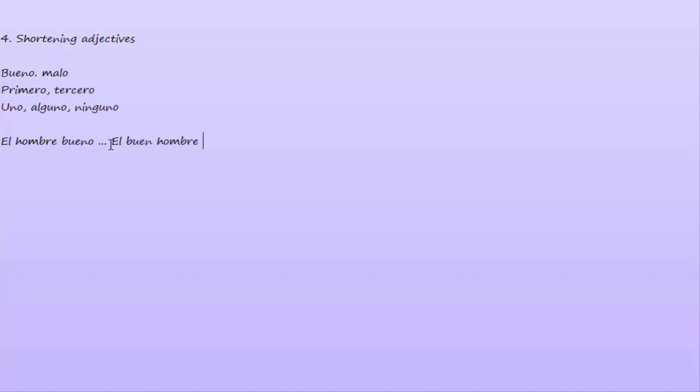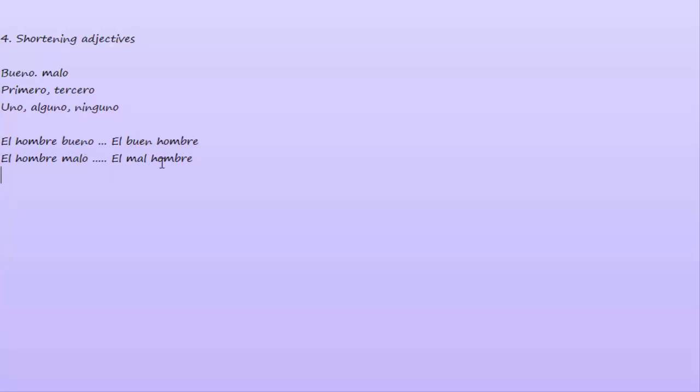El buen hombre instead of el hombre bueno. With malo, it happens exactly the same. We would say, el hombre malo. El hombre malo, the bad man. Or el mal hombre. Again, the adjective drops the O if we change the position.